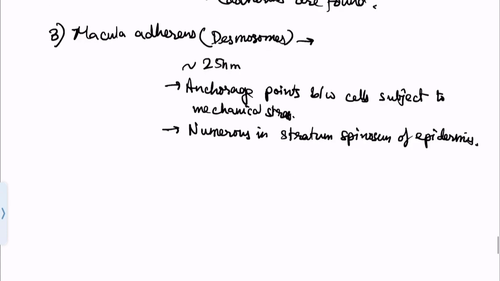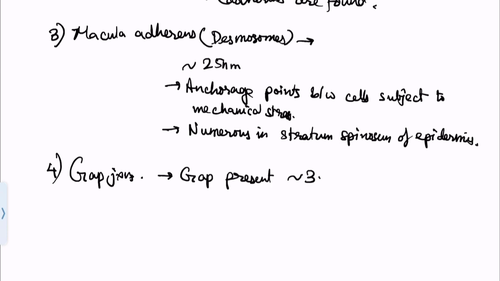Finally, we have the gap junctions, also known as the communicating junctions. The gap present is around 3 nanometers. Though you read more about gap junctions mainly in physiology, they are much more important from an aspect of physiology in your Devashish Pramanik book.